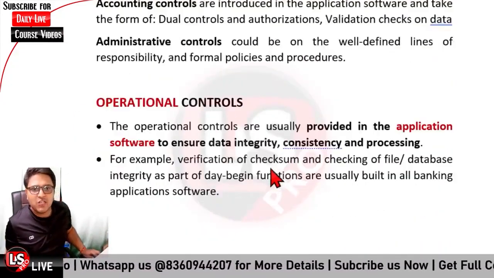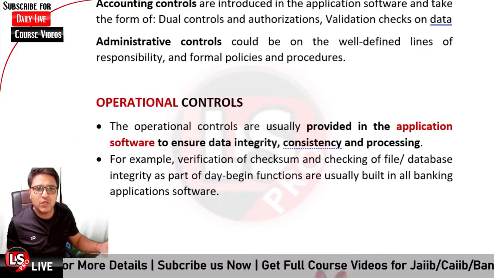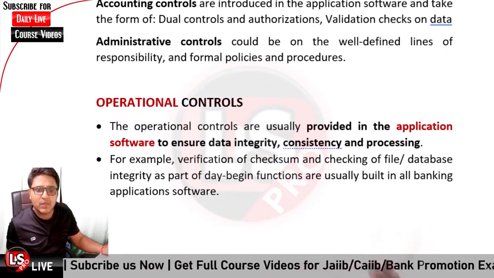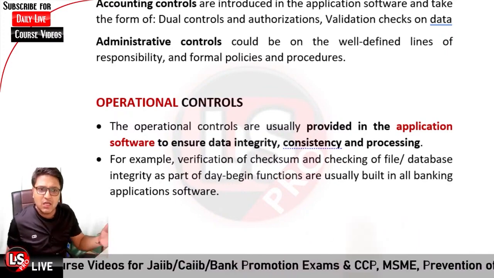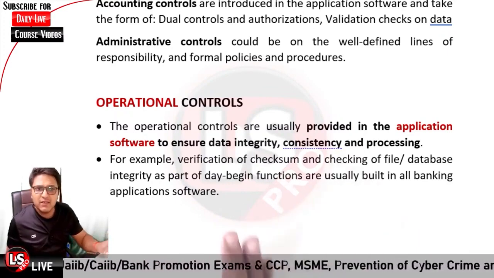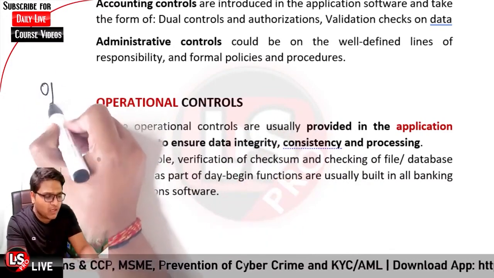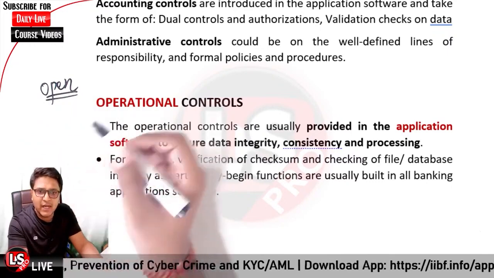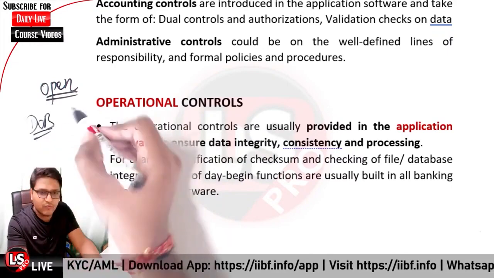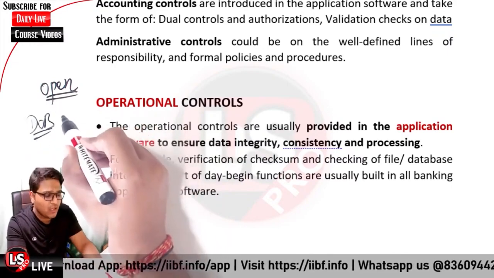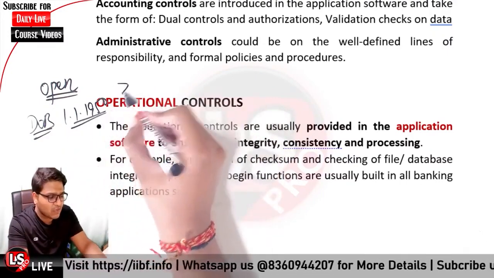Then it is regarding the operational controls. The operational controls are usually provided in the application software to ensure data integrity, consistency and processing itself. What is operational control? When we are dealing with the data or the application itself, there are some checksums. Likewise, if we are going to open an account, and we enter the date of birth of the user to be 1st of January 1950, he is above 60 years.